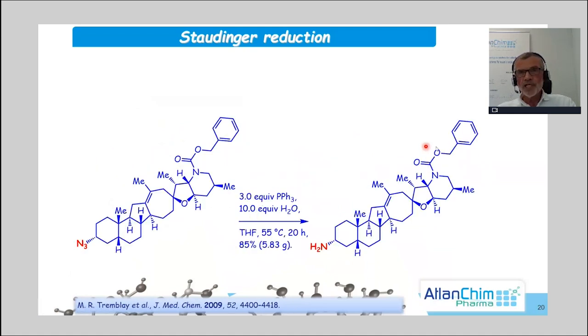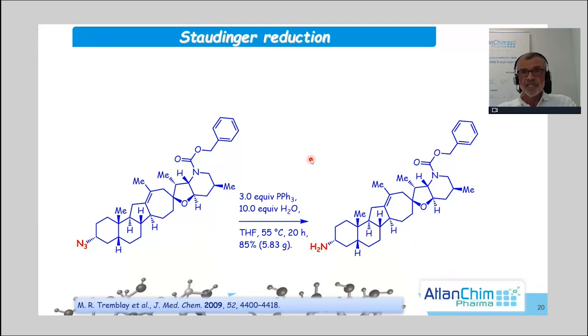In the preparation of cyclopamine derivatives, the same Staudinger conditions were applied to this azide here to provide this amine here in 85% yield. The triphenylphosphine oxide formed during reduction was removed by silica gel column chromatography in this case.